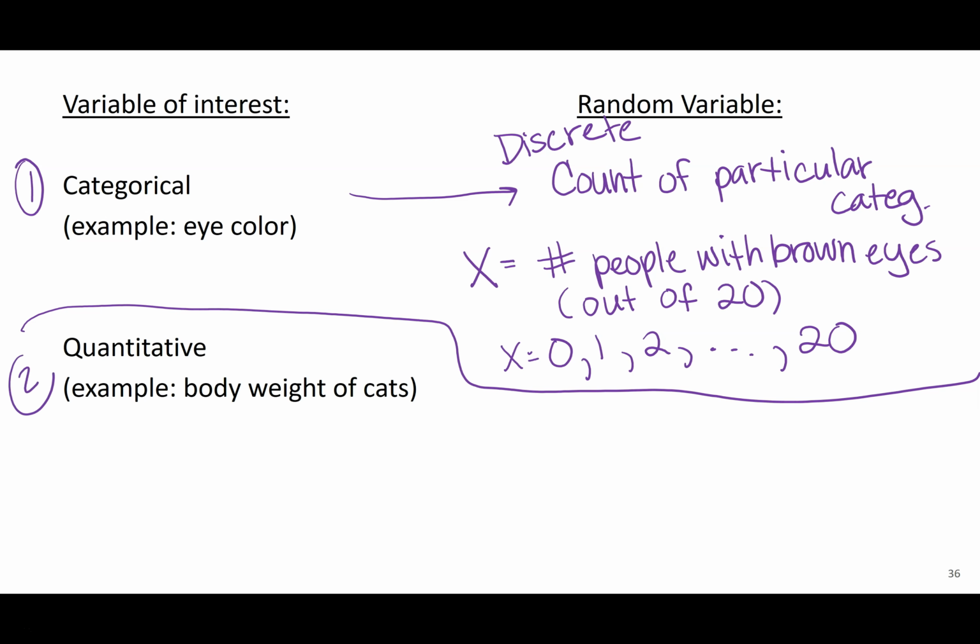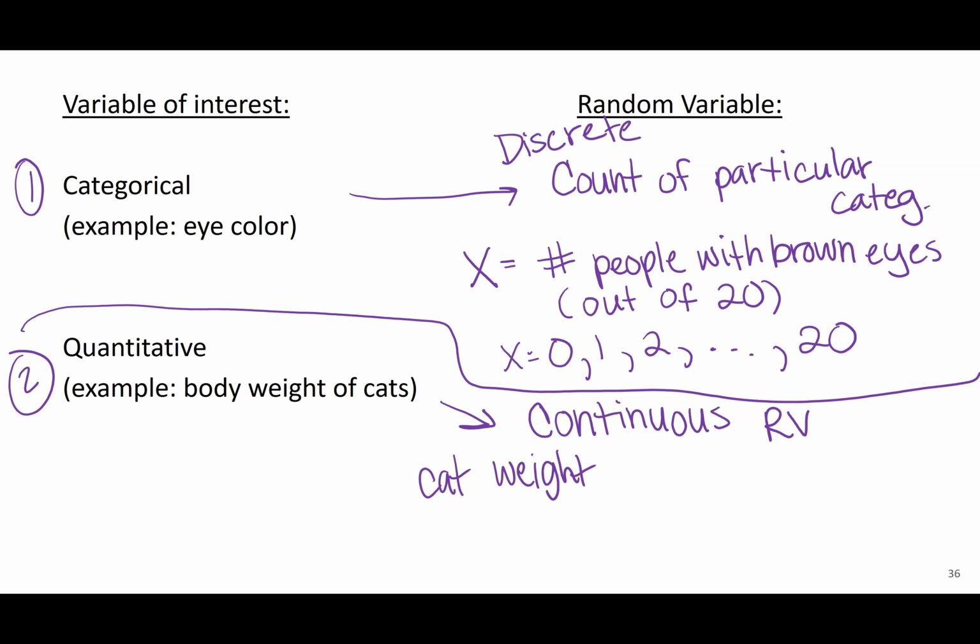In week 2, we're going to get into looking at more quantitative variables of interest. If I have a quantitative variable of interest, it's going to be a continuous random variable. So I'm going to look at body weight of cats. It's something I vaguely know about, not a lot, but I might collect the cat weight in pounds, because face it, we don't use the metric system over here.